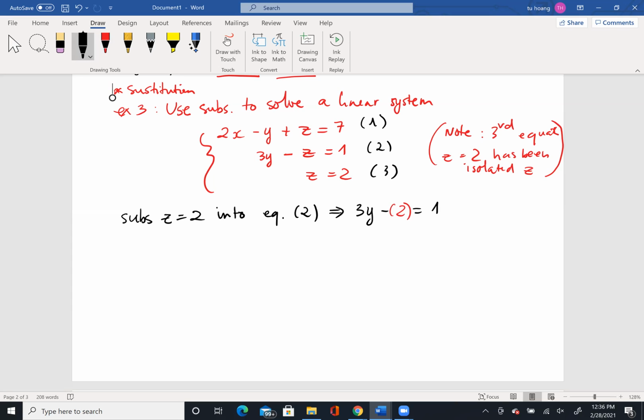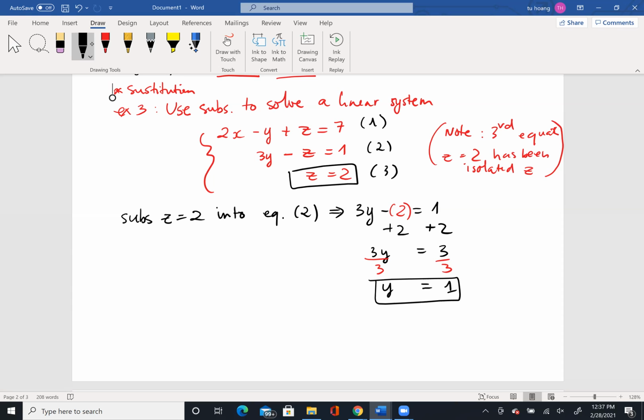So what you do is add 2 to both sides, and you get 3y equal to 3. And you divide by 3 on both sides, and you will get y equal to 1. Okay, so now you have y already, you have z already, right?